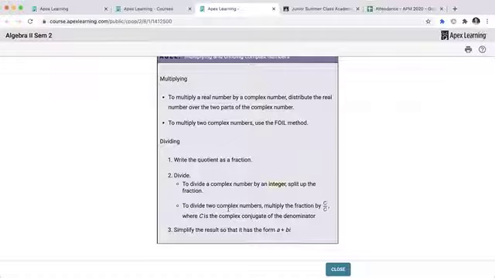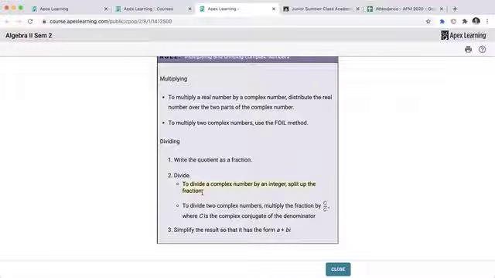If it was a complex number in our denominator, we had to multiply by its complex conjugate in the form of c over c, and then carry out multiple processes until we got to just an integer on the bottom.